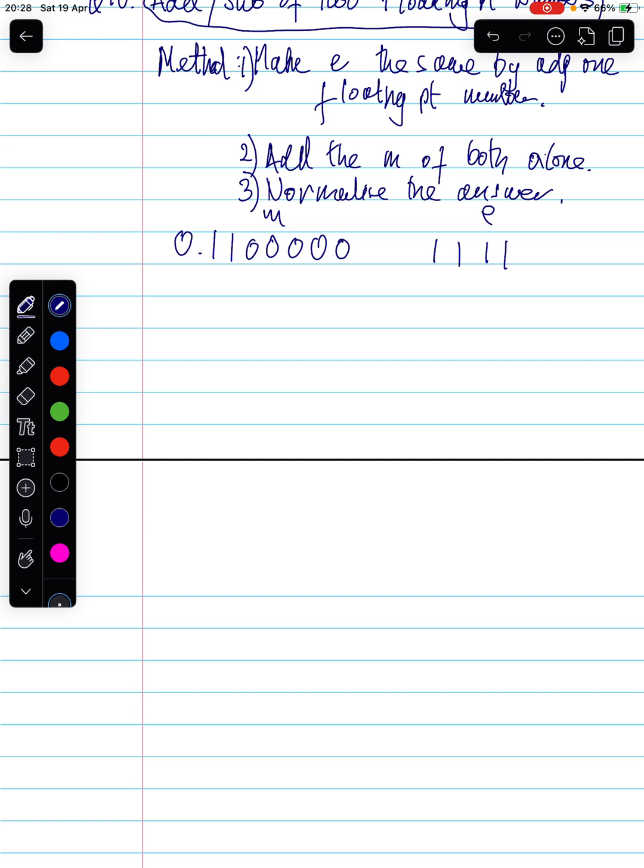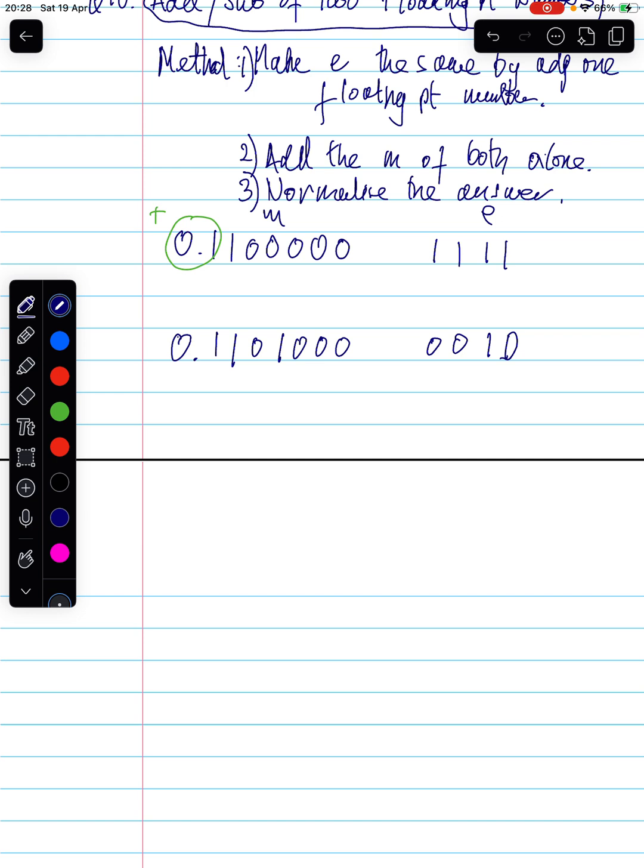So that's a positive number. And then the other number is 0.1101, 0, 0, 0, with the exponent of 0, 0, 1, 1.